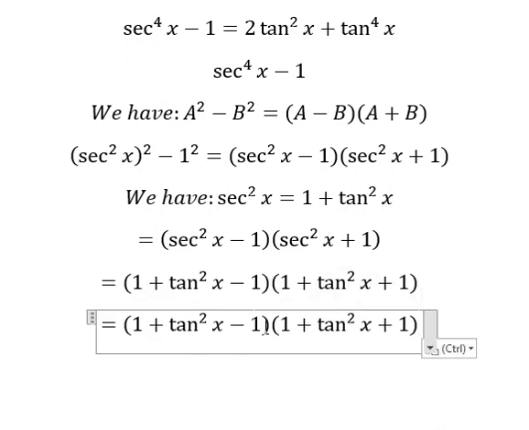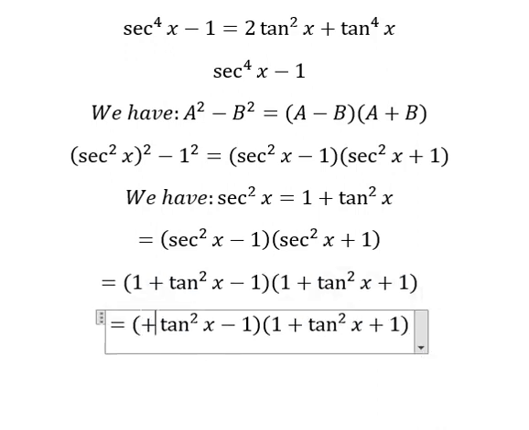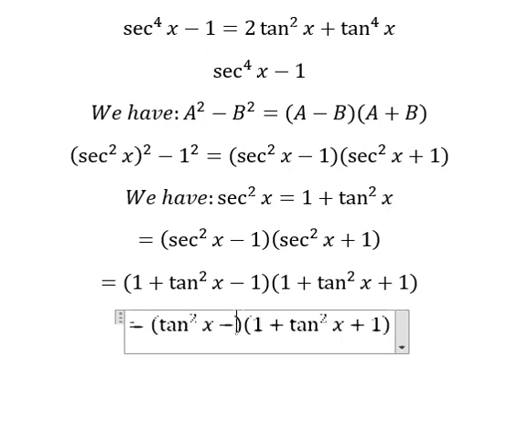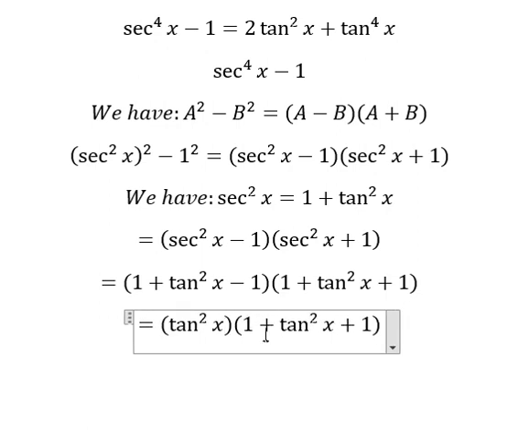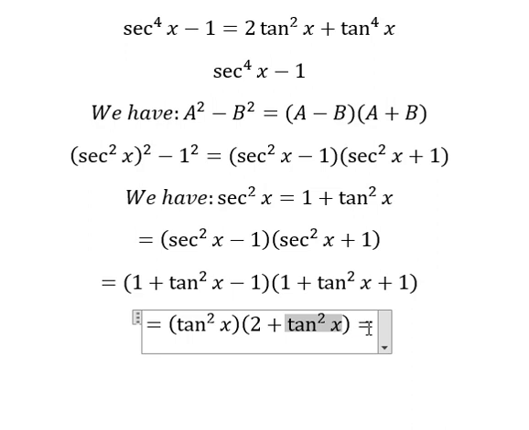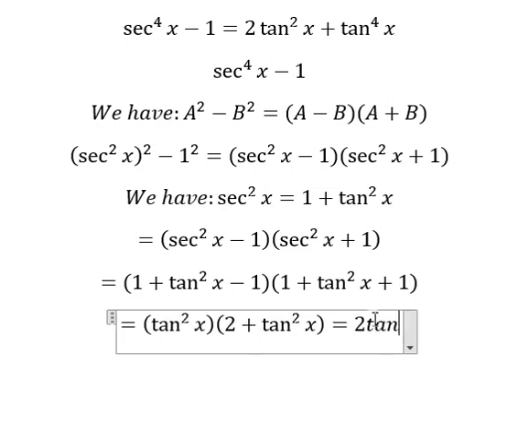So 1 minus 1 we cancel. 1 plus 1 we have number 2. So tan x squared multiplied by number 2 and tan x squared, we got the final answer.